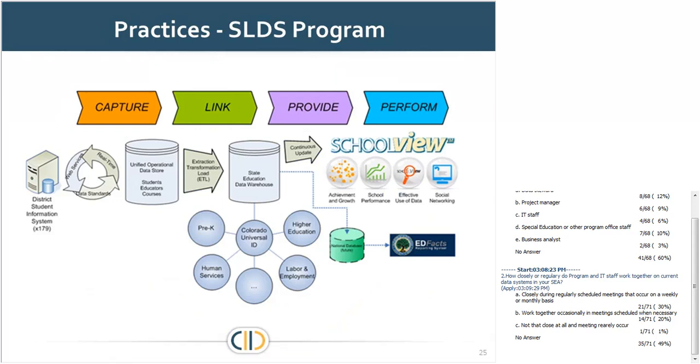This slide also gives you a little bit of insight into the data sources that we're looking at. We're trying to operate across agencies, and the data that we are using in our SLDS reside in different departments and systems. One of the challenges that we have had in the past and going forward is how to have data sharing agreements in place that allow us to share data in the first place.